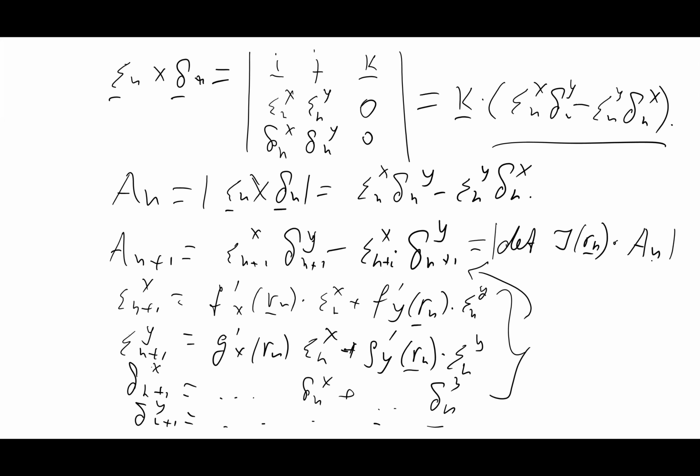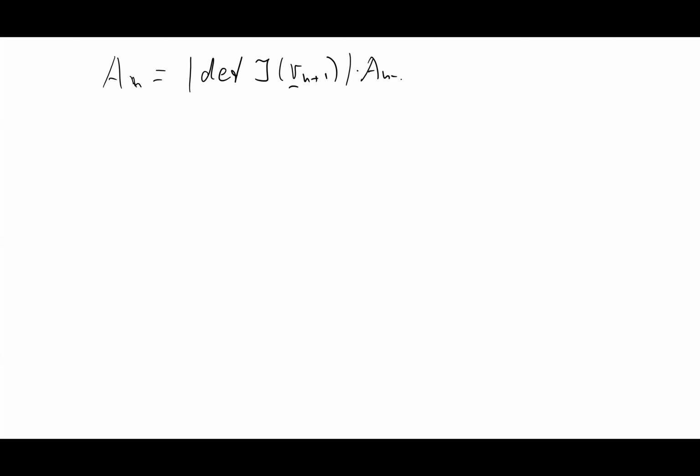It should be by absolute value everywhere. So this is what we will prove. And the last piece is this. What we have proven: A_n equals the determinant of J at R_{n-1} by absolute value times A_{n-1}.